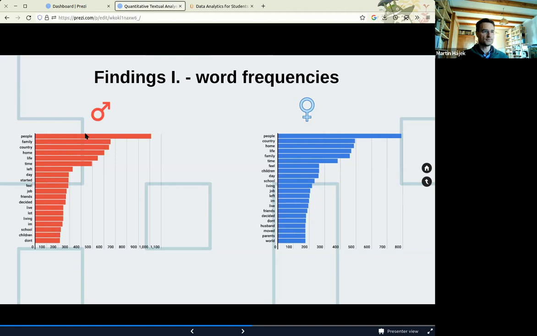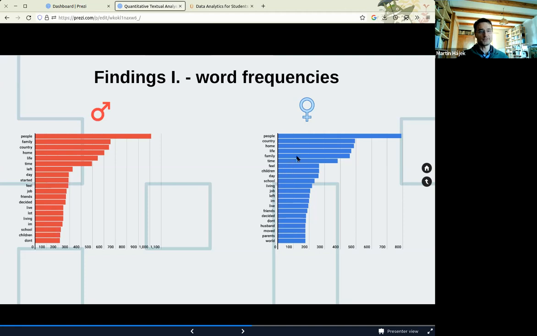In the female sample, the second word is family, next country, home, life, time, left, day. In the male sample, the second is country, home, life, family, time, field.